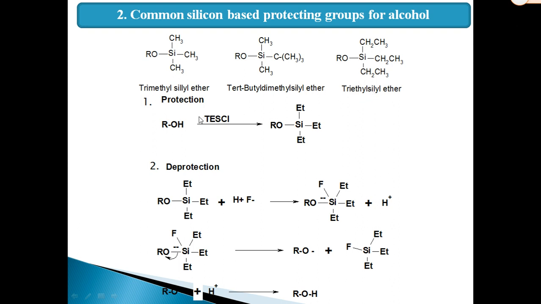Here is how these silicon based protecting groups form. See the protection. Alcohol reacts with triethylsilyl chloride, HCl is removed, and this triethylsilyl ether forms. Now this hydroxy group gets protected by forming a bond with the silicon.